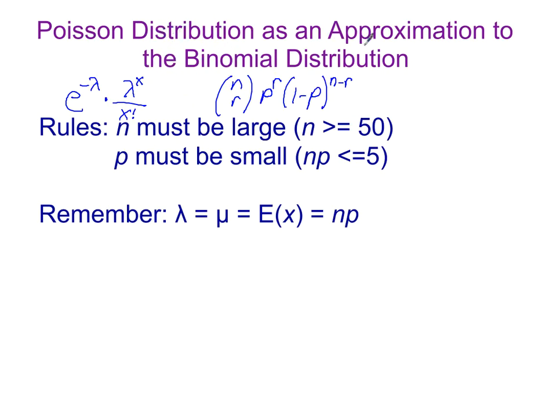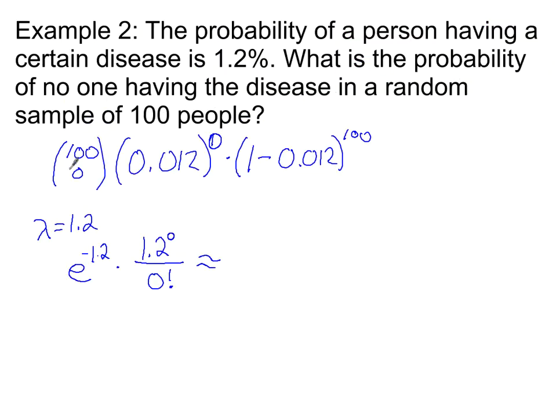And maybe you're seeing, if you didn't already ask yourself the question, why would I want to use a Poisson distribution to approximate the binomial distribution? Nowadays, maybe you wouldn't. But before calculators, trying to do 1 minus 0.012 to the 100th power might have been something of a challenge. But I can do some things here that are a little bit less calculation intensive by doing things like Taylor series on e, for instance.